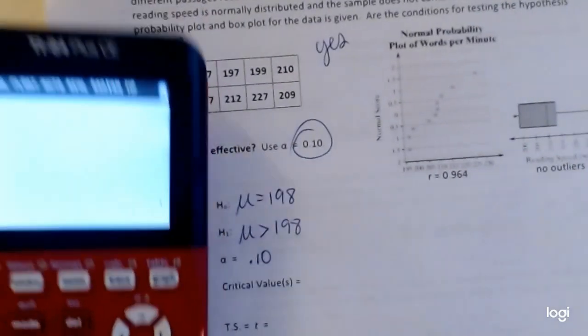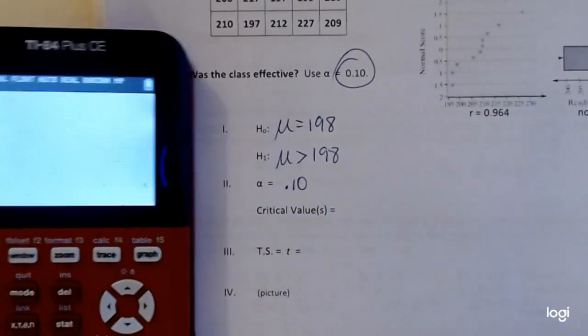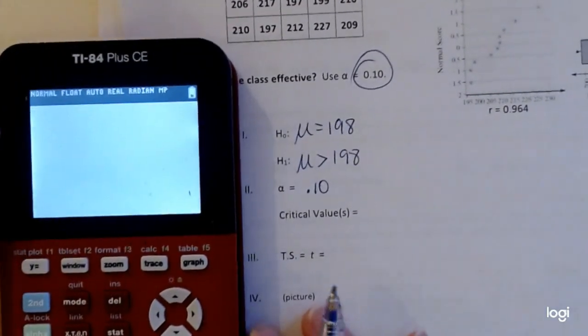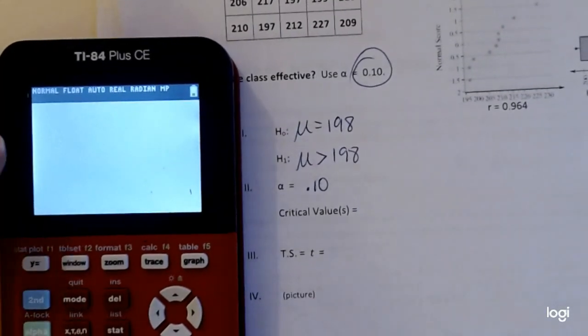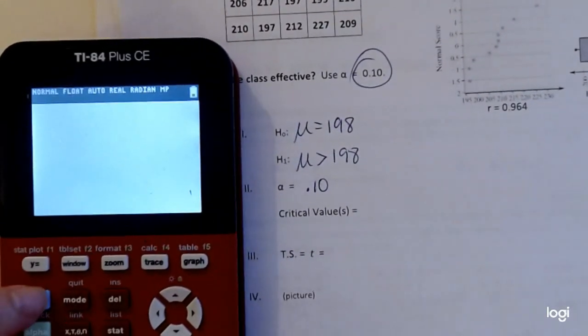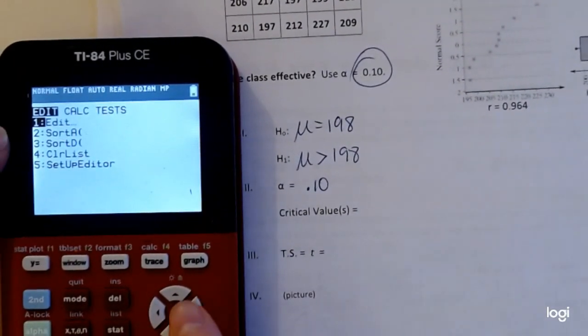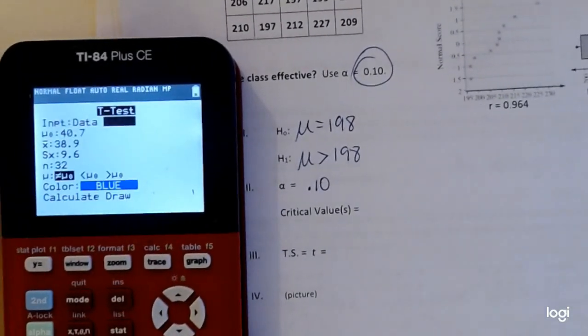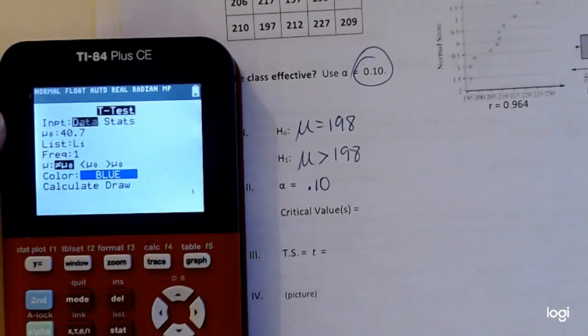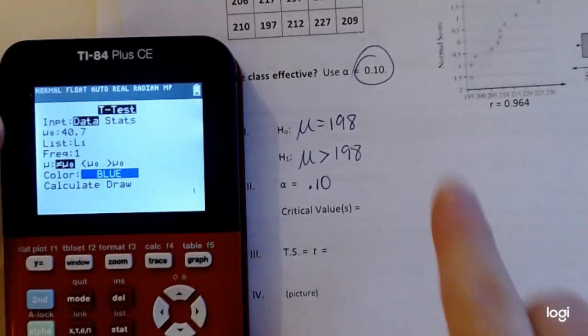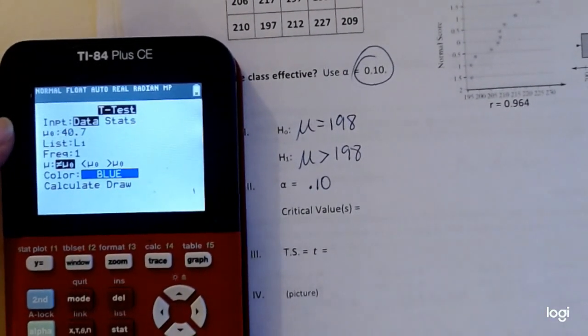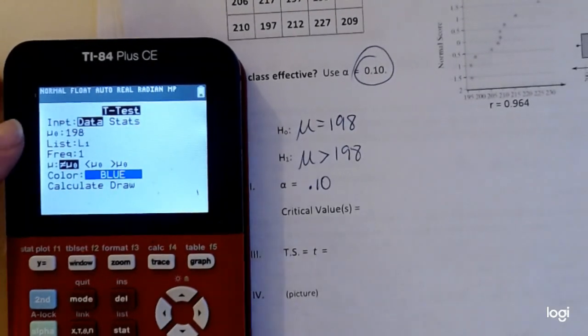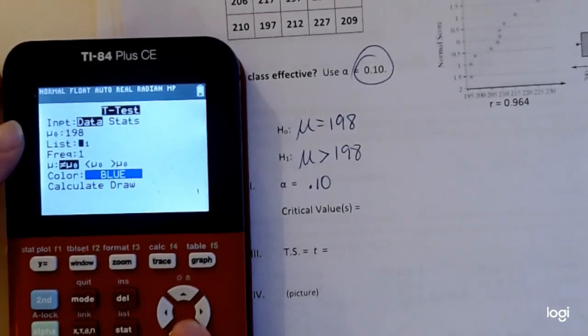And so now when we go to perform the test, we'll choose data and we'll tell it to go to list 1. So I've got stat, test 2, and now I'm going to highlight data. And the mean is 198. It's in list 1.